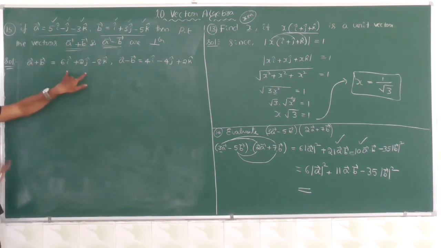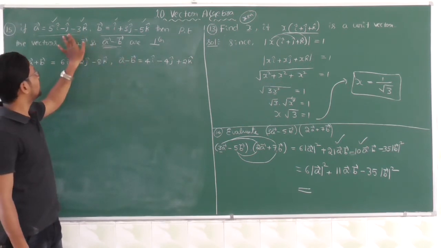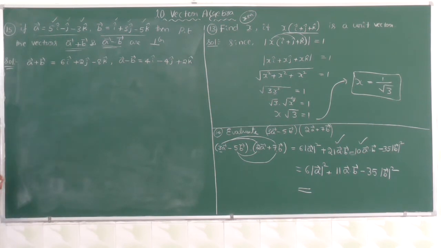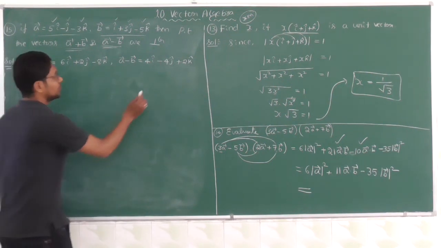Here I added a vector and b vector, and here I subtracted b vector from a vector. Don't be confused; it is just addition and subtraction. Next, we have to prove that a plus b and a minus b are perpendicular.